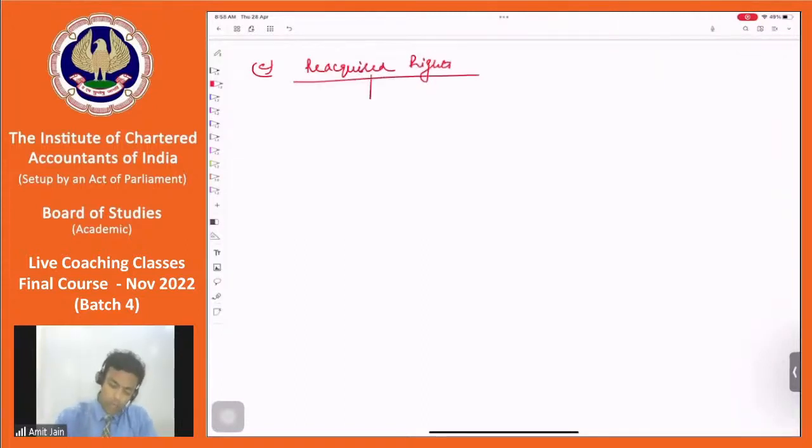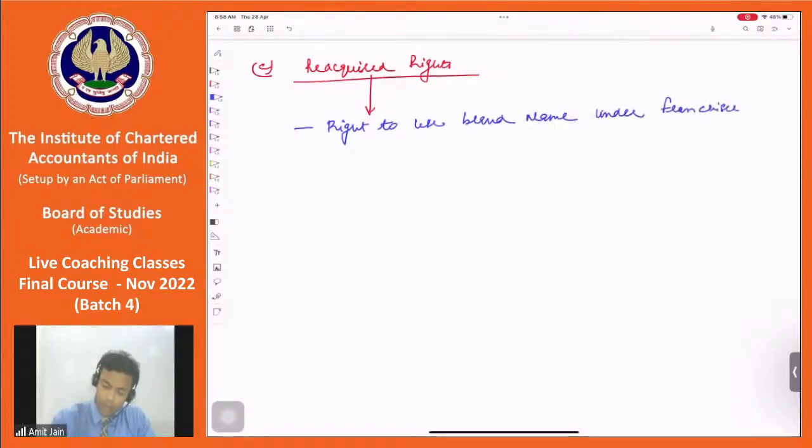Reacquired right means the right to use a brand name under a franchisee agreement. These are the examples. Under franchisee agreements.